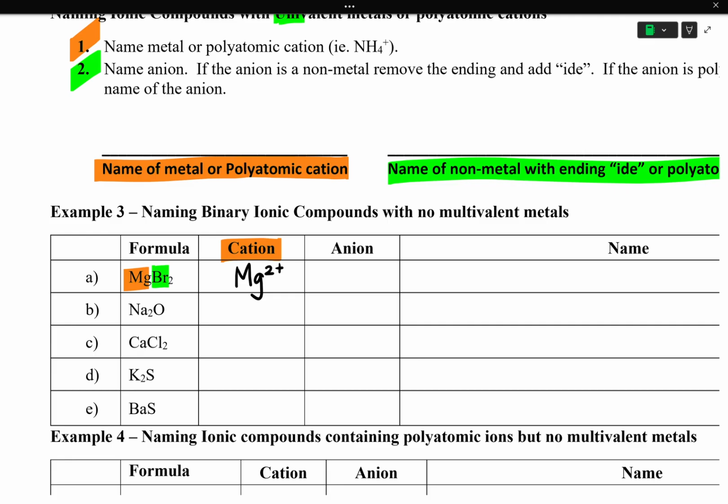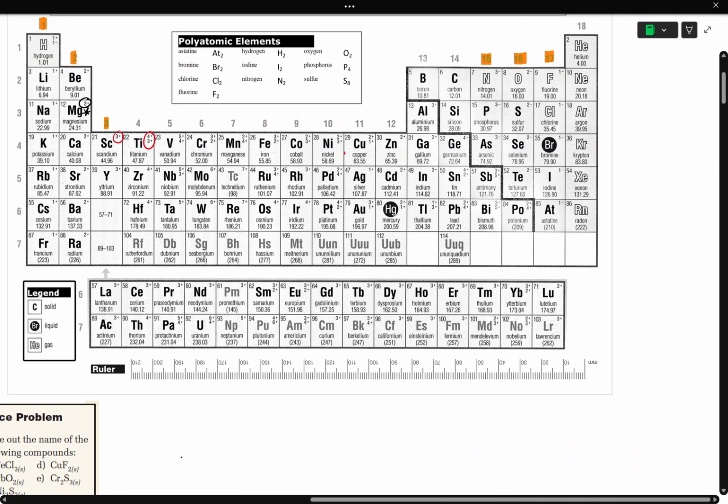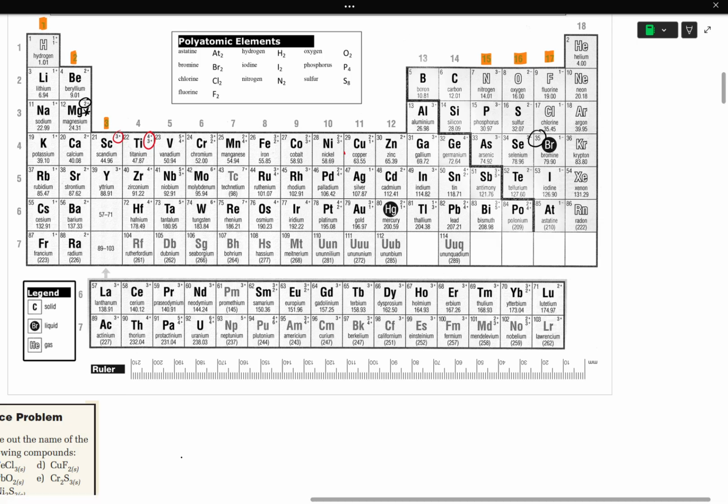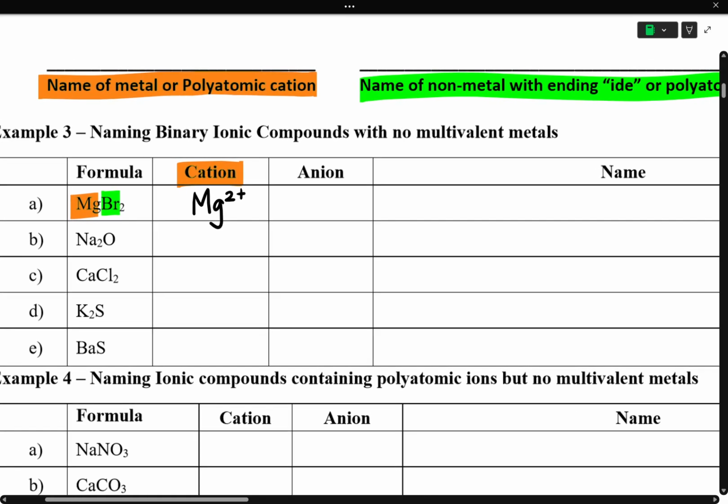Okay, so bromide, if you take a look on your periodic table, go all the way over to group 17. Here's your bromide, number 35. So it's Br 1 negative.